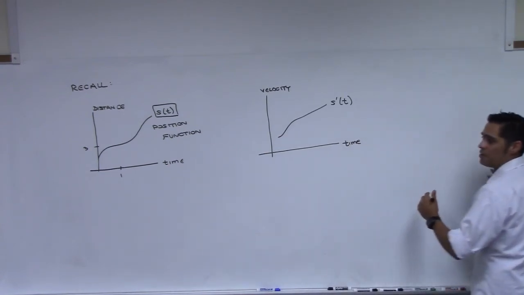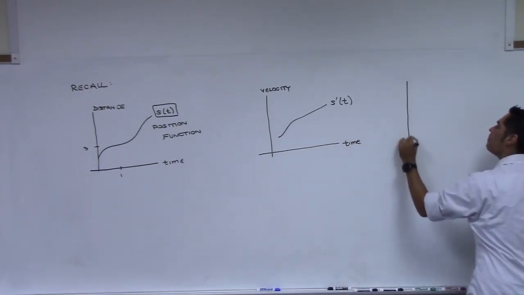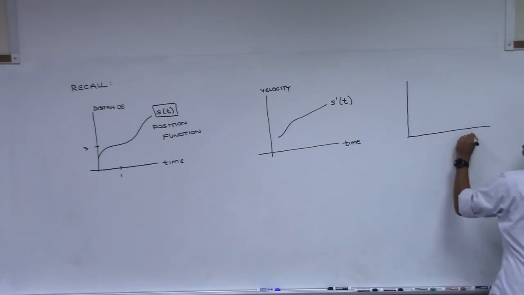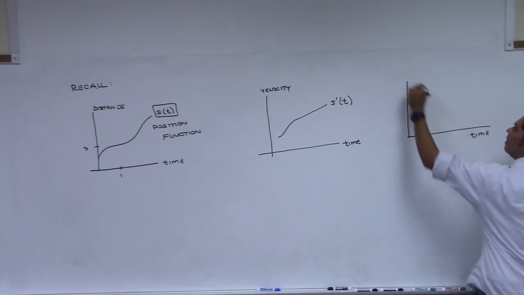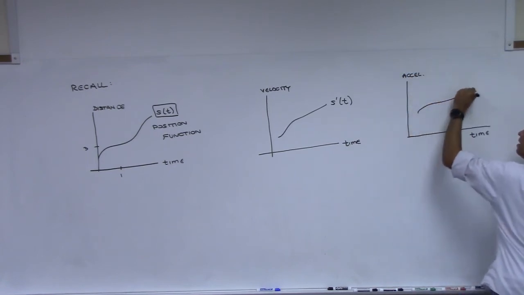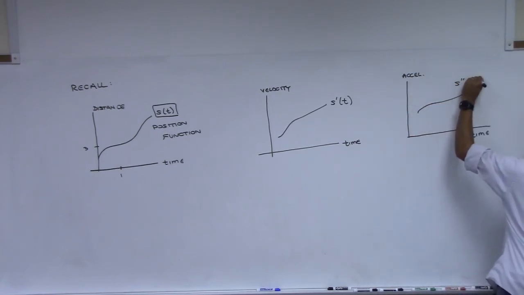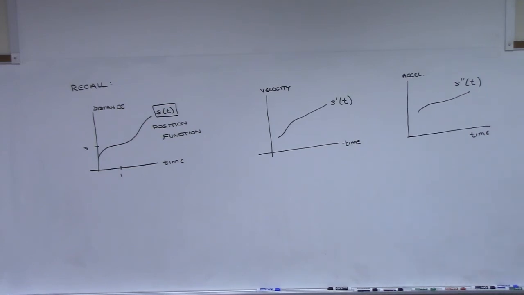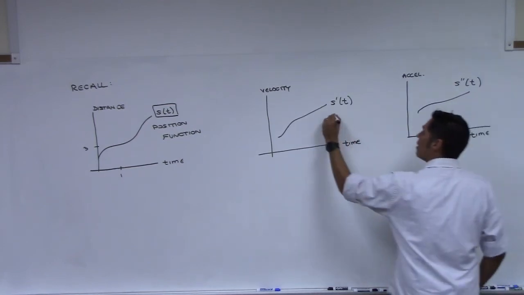And then what if I do another derivative? You get acceleration. So here's time, and here's acceleration. I'll just put accel. And this right here would be s double prime of t. So this is called the velocity function.